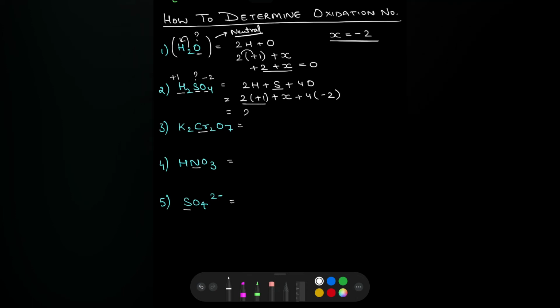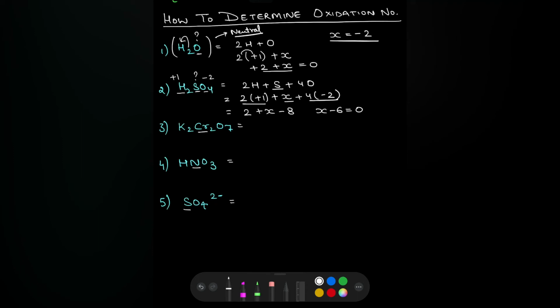So by solving it, we get x - 6, and put an equals sign, and now the whole equation will be equal to 0 because sulfuric acid does not have any charge on it.